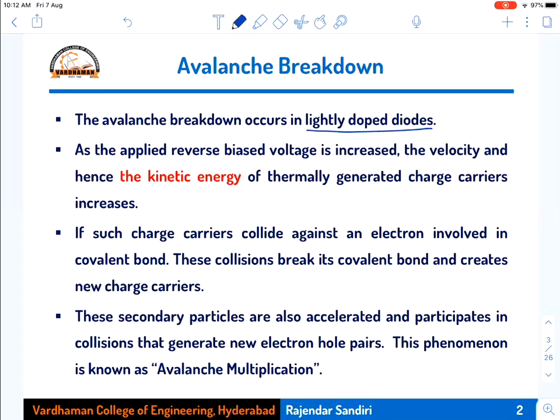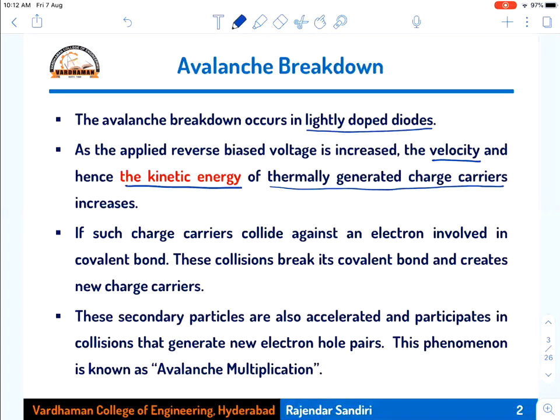In that case, as the applied reverse bias voltage is increased, the velocity and hence the kinetic energy of thermally generated charge carriers increases. Thermally generated charge carriers here means minority charge carriers, due to which the current flows in reverse bias.